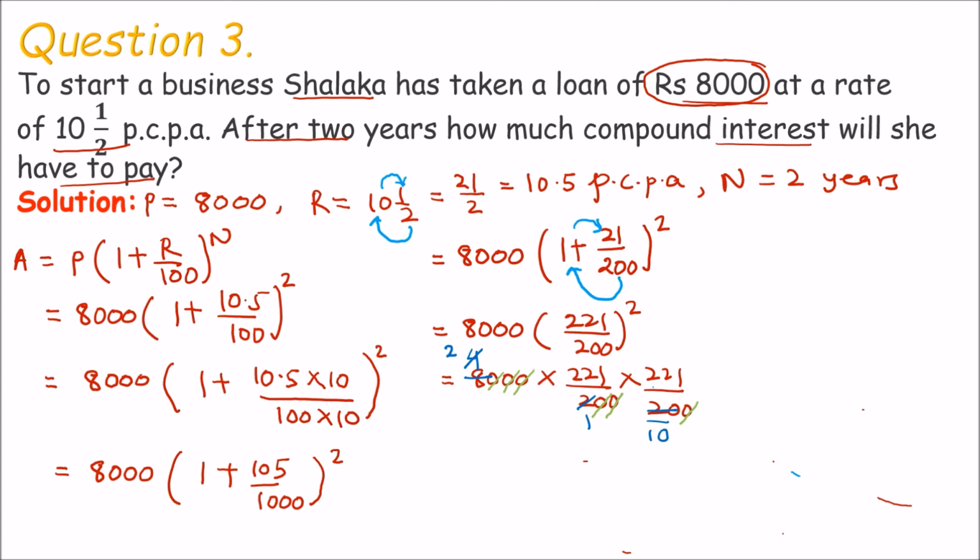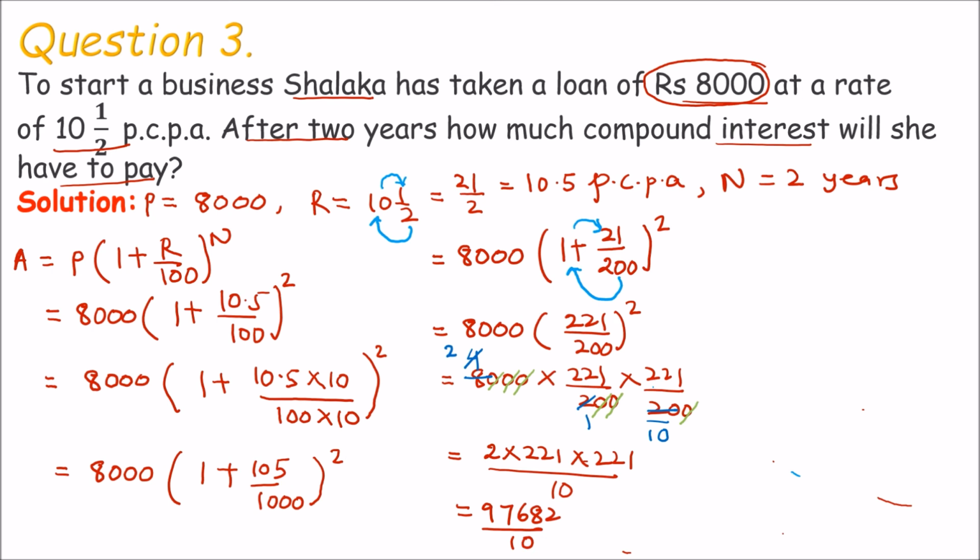Okay, don't cancel this 10, as it will be easy to convert into decimal form. So we'll keep 10 as it is. So we'll get here 2 into 221 into 221 upon 10. So now we are going to multiply 2 with 221 into 221. So 2 into 221 into 221 gives us 97,682 upon 10.